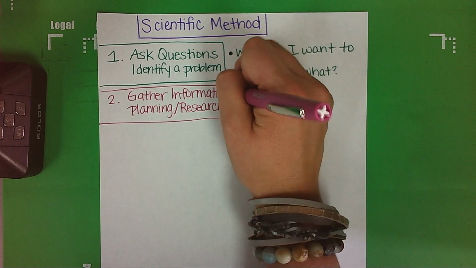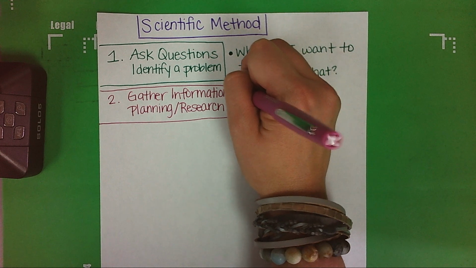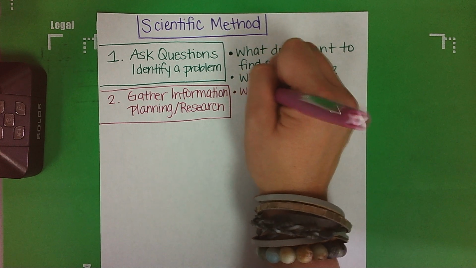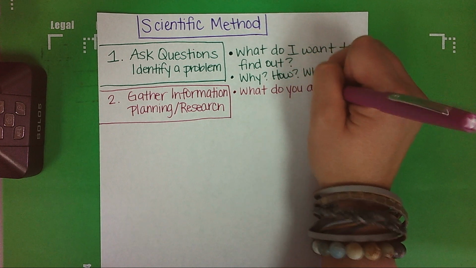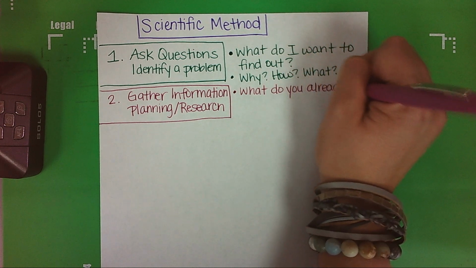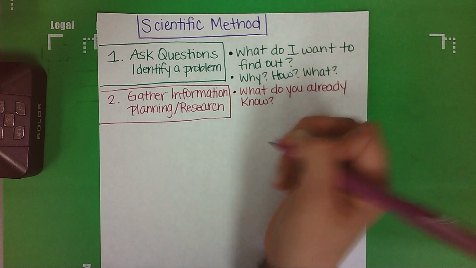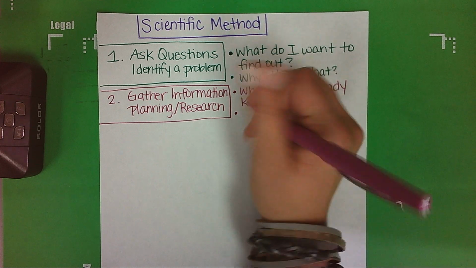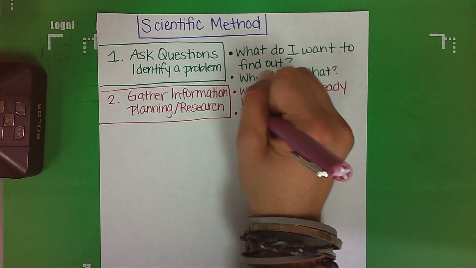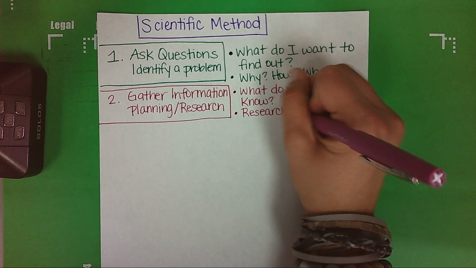Okay, so this is where you're going to find out what do you already know. So you would ask yourself, what do I already know about this? You want to think about all aspects. Okay, then you're going to research.